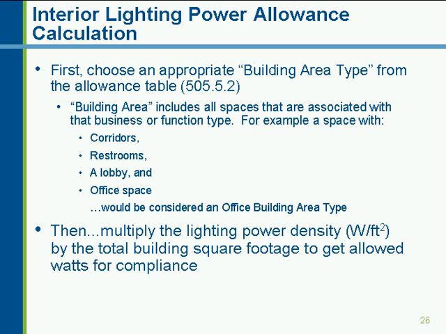That becomes part of your building area type. If you had another building area type, say a restaurant, it would include some of the same types of spaces as well as cooking facilities and dining facilities. So it's done by building area type, not by individual space. And then, of course, you identify the watts per square foot lighting power allowance, multiply it by that square footage to determine what your total wattage allowance is.